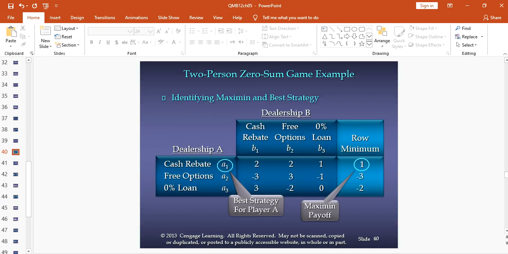First one, in order to find the best strategy for each player in this game, we find the minimum or the maximum payoffs.